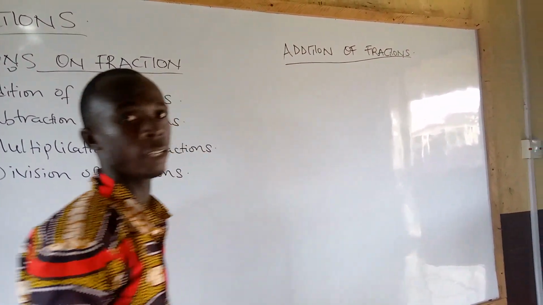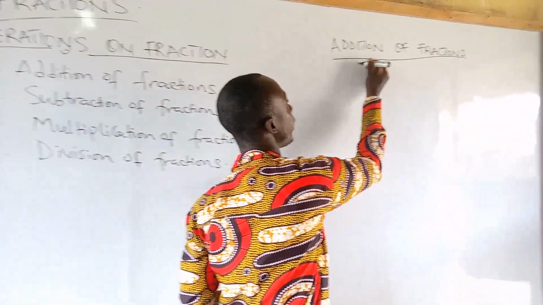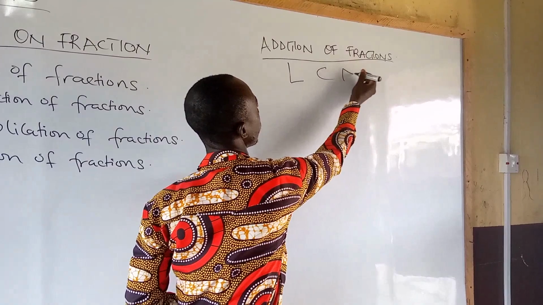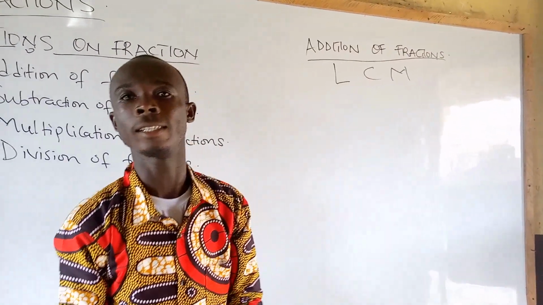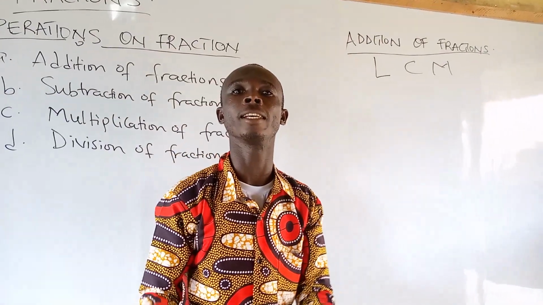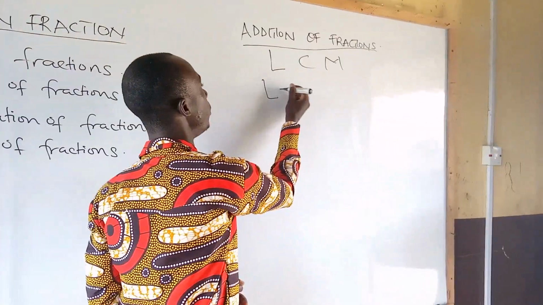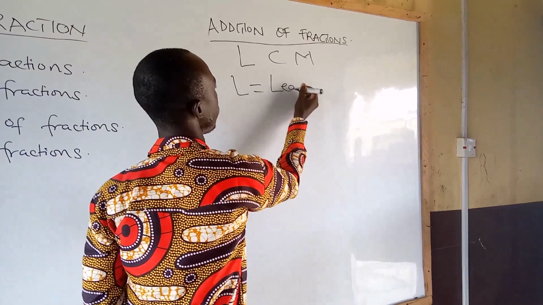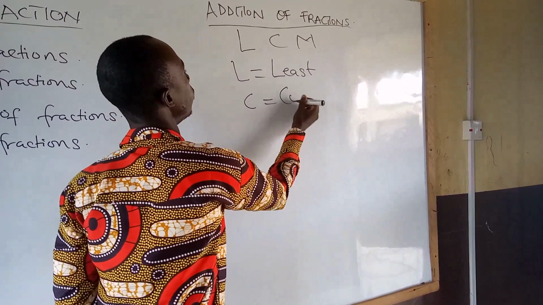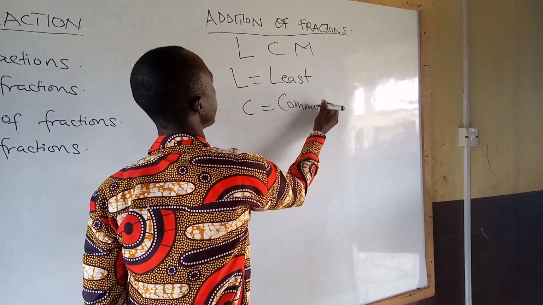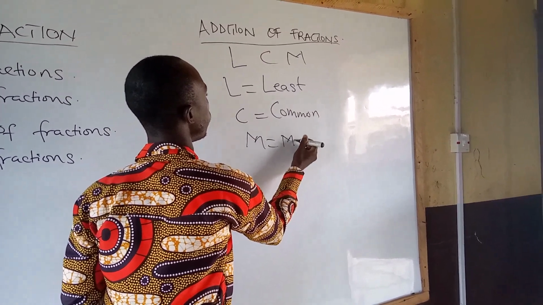For addition of fractions, we find LCM. One may ask the meaning of LCM because this is an abbreviation. L means least, C means common, and M is multiple.